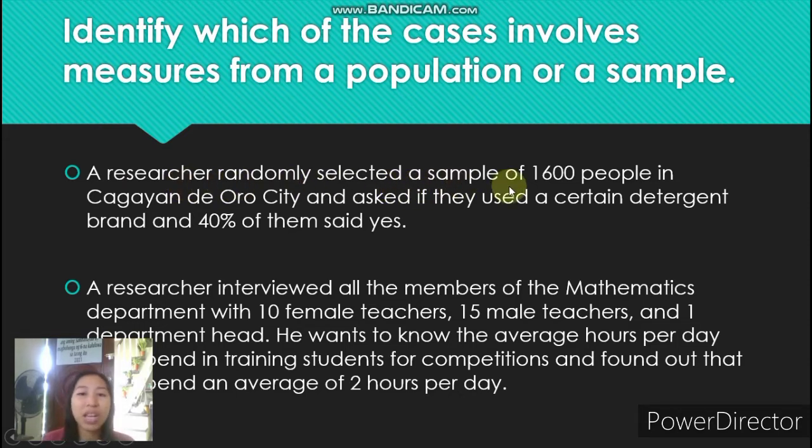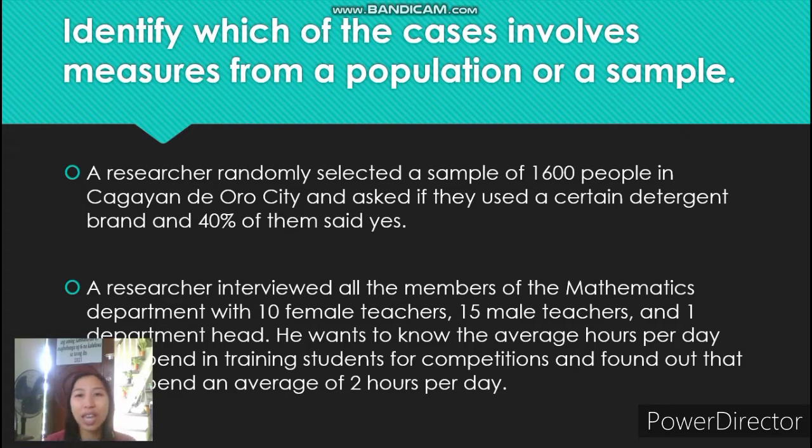So they chose a sample of 1,600 from all the people in Cagayan de Oro City. Therefore, does the first case involve a sample or a population? A sample. Correct, because they only randomly selected.